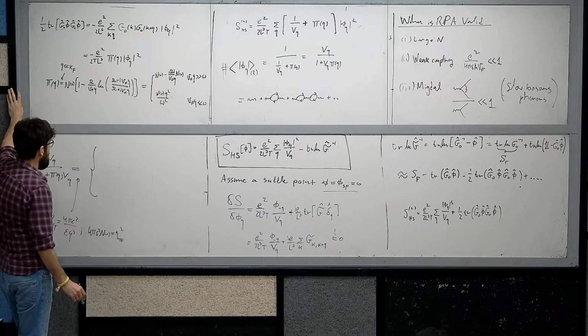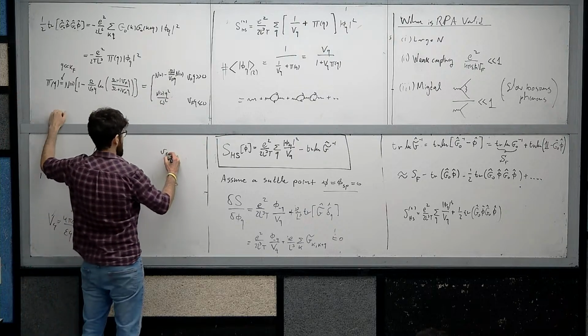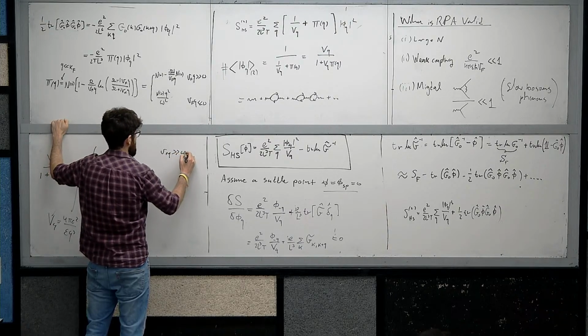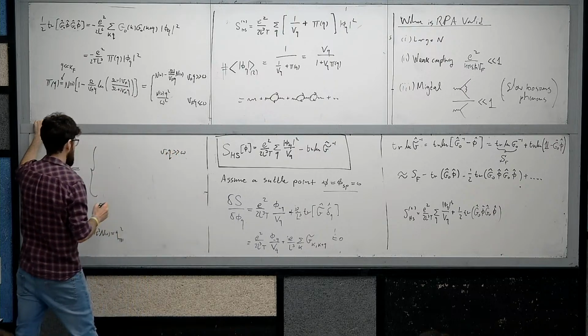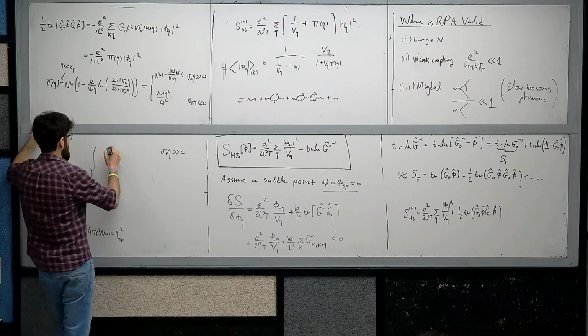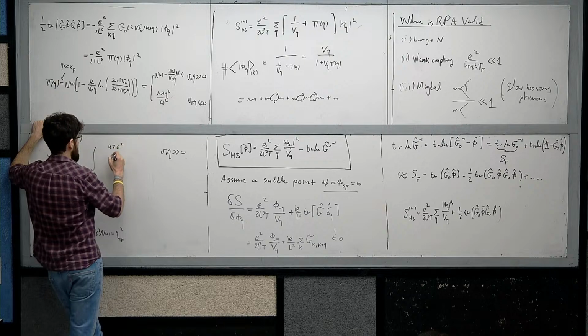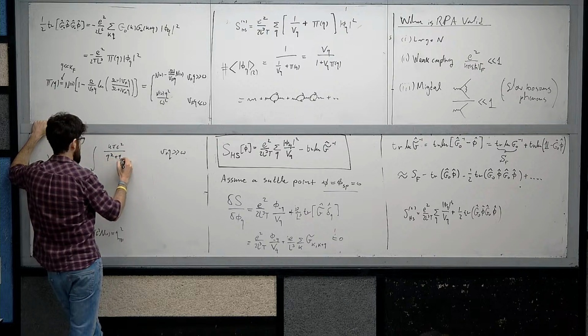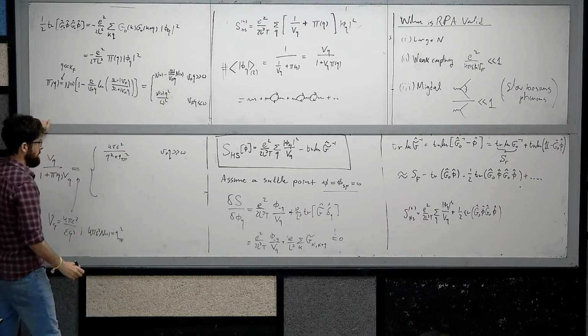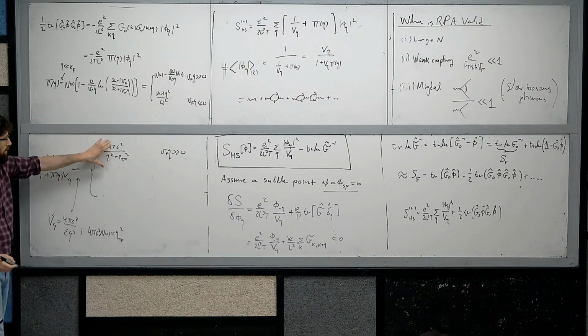Then what we get is that when v_F q is much, much larger than ω, this thing becomes 4πe² divided by q² plus q_TF squared. Okay, and this is the limit of Thomas Fermi screening.